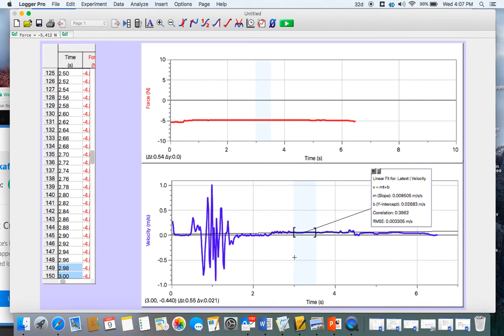If I look in the lower left-hand corner of the velocity graph, there's a coordinate pair. That coordinate pair is 3 seconds, comma, negative 0.440. So that first coordinate tells me that that's 3 seconds. Then if I bring over to the other side and look back at that coordinate pair in the lower left corner of the velocity graph, I see that I have about 3.52 seconds and approximately the same velocity value.